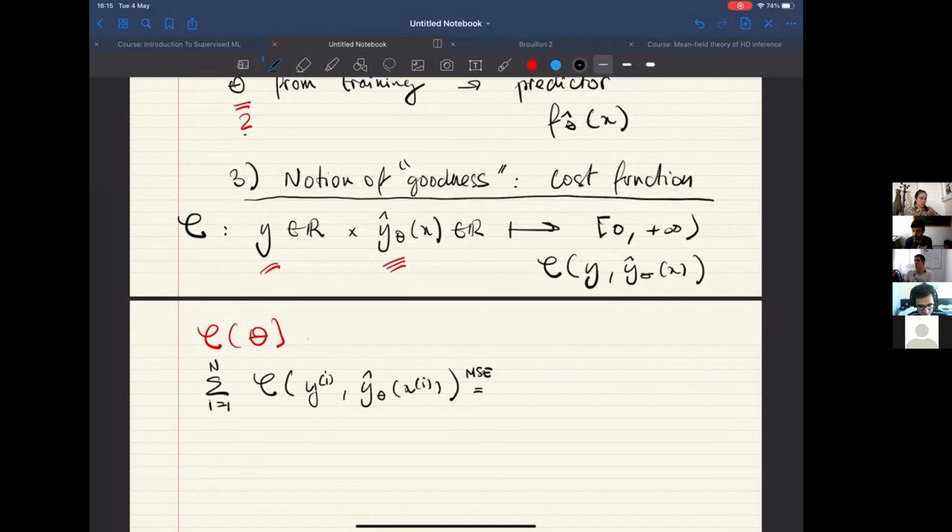You want to minimize the loss. This is more the language of statistics; in machine learning, people say cost, but it's the same thing. In the case of quadratic loss, this is simply the sum of squares, or the average of the squares, if you want.